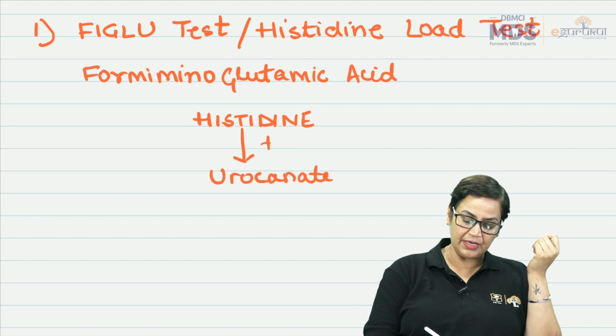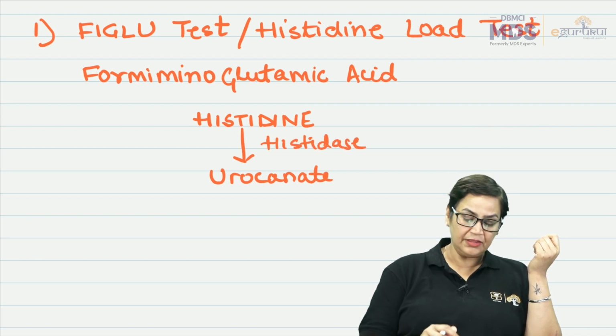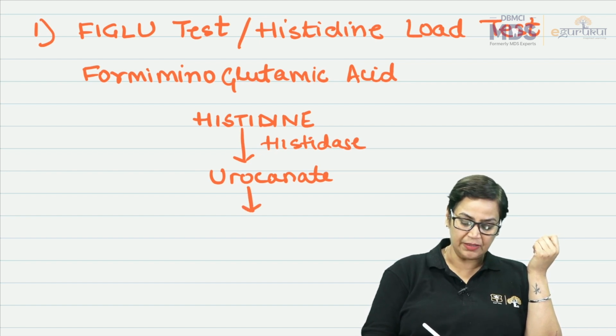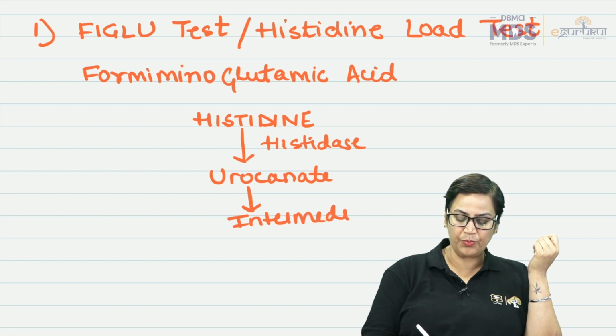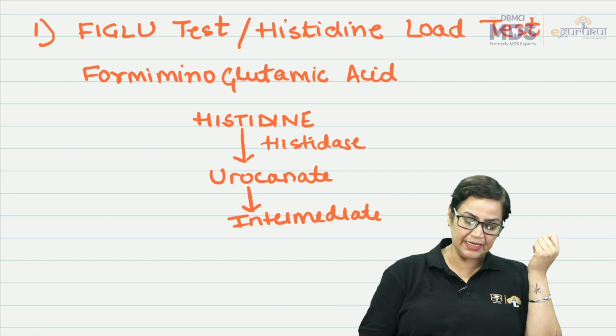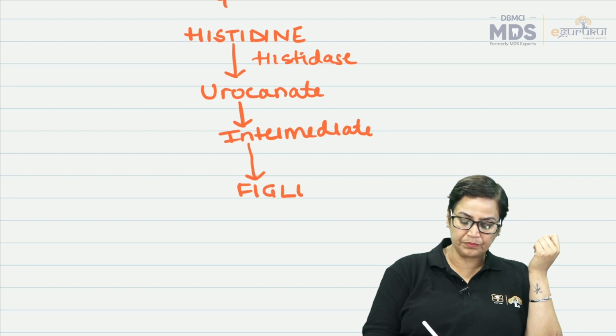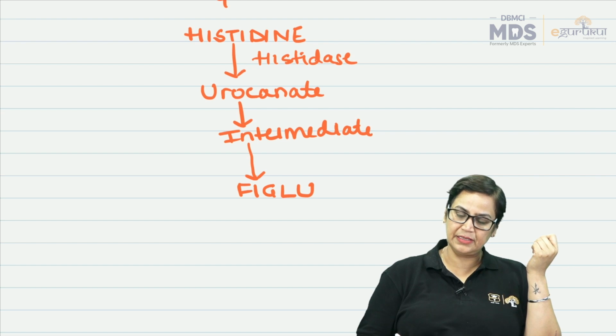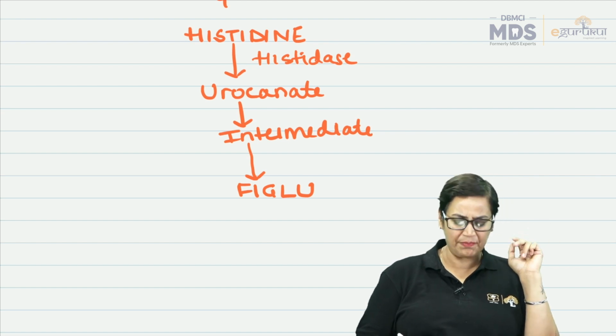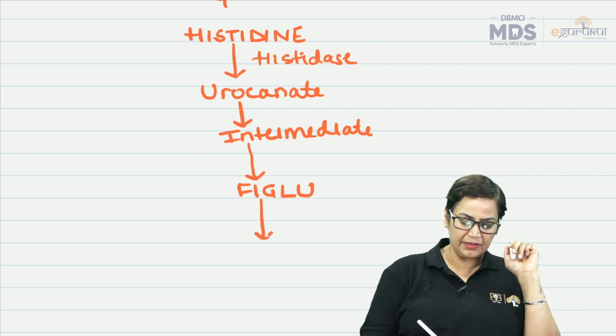The name of the enzyme here is histidase. This urocanate forms an intermediate which is 4-imidazolone 5-propionate. This intermediate forms this formiminoglutamic acid. Okay? Now just understand that this is a very simple reaction. This formimino group is given out.